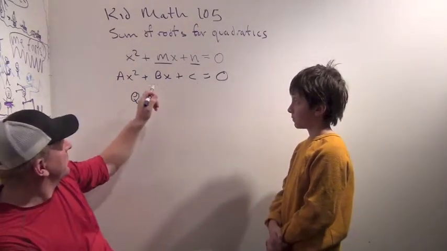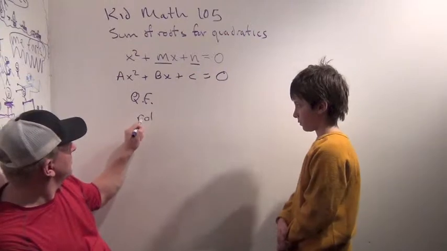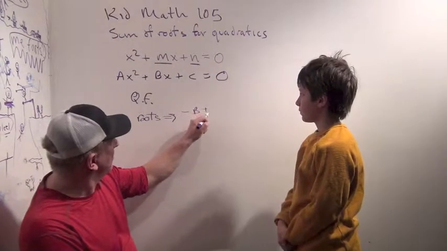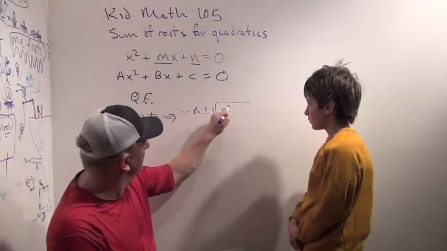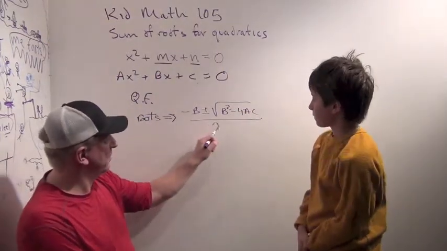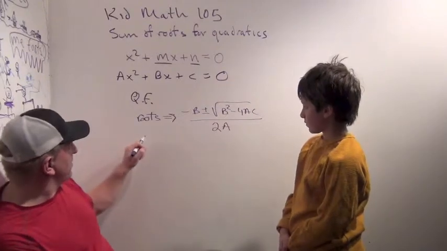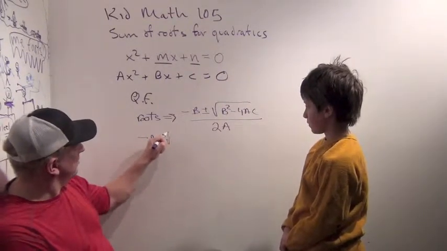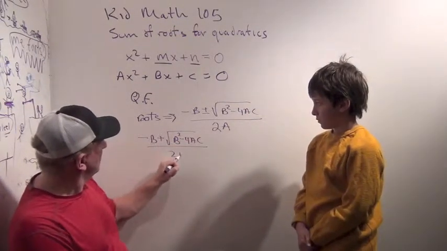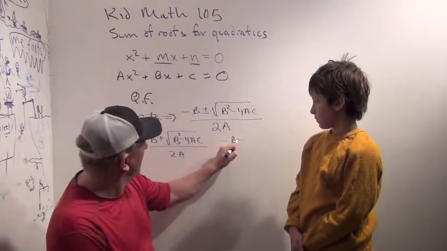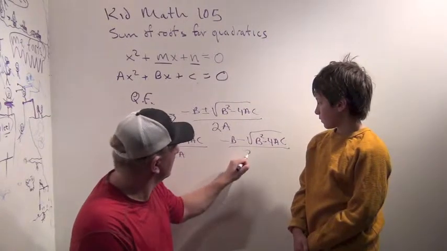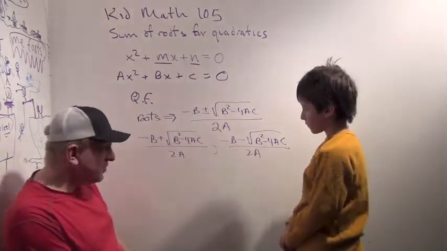The quadratic formula says the roots are negative b plus or minus the square root of b squared minus 4ac, over 2a. So one root is negative b plus the square root of b squared minus 4ac over 2a, and the other root is negative b minus the square root of b squared minus 4ac over 2a.